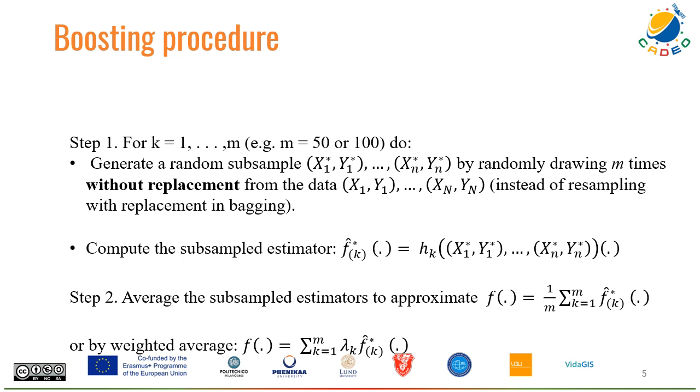In essence, boosting iteratively generates random subsamples from the original data, computes subsampled estimators using these subsamples, and then combines these estimators through averaging to approximate the final model F. The weighted averaging approach allows for the incorporation of different weights for each estimator, potentially enhancing the performance of the final model by emphasizing the contributions of more effective estimators.